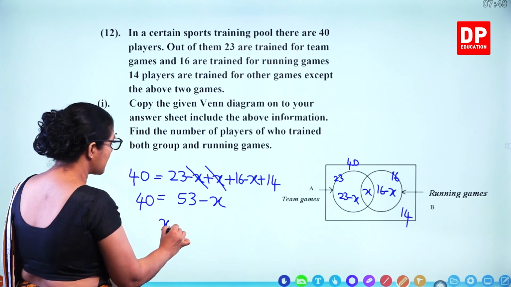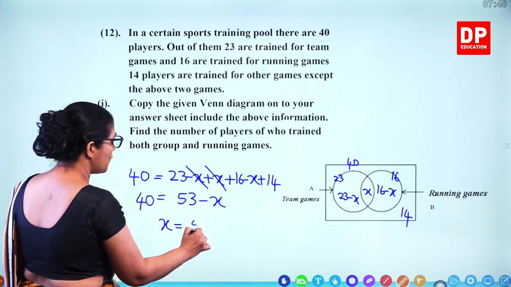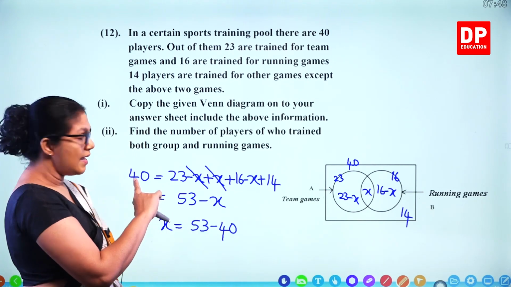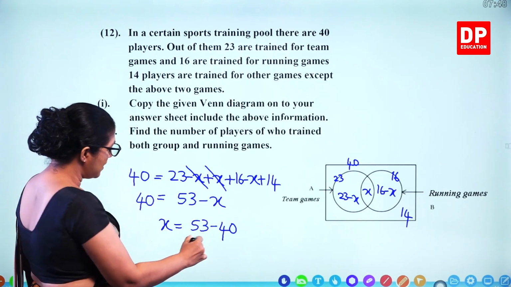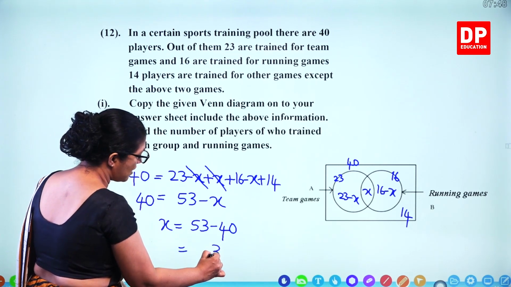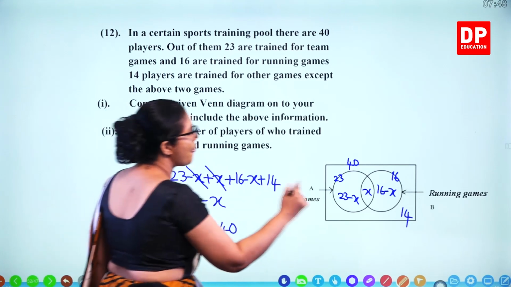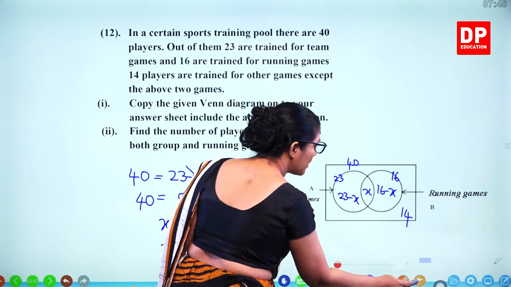So what is X? X is 53 minus 40. I took X to this side and 40 to the other side. So you get 13 is X. So that means the middle part you get 13.